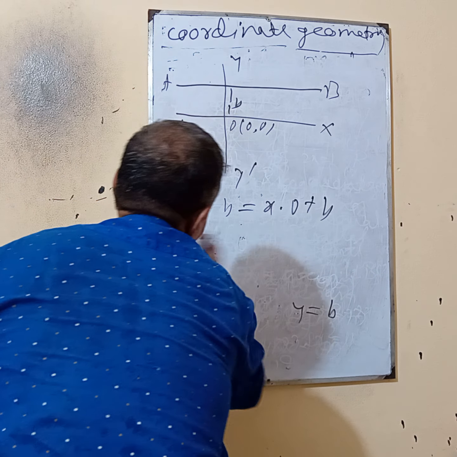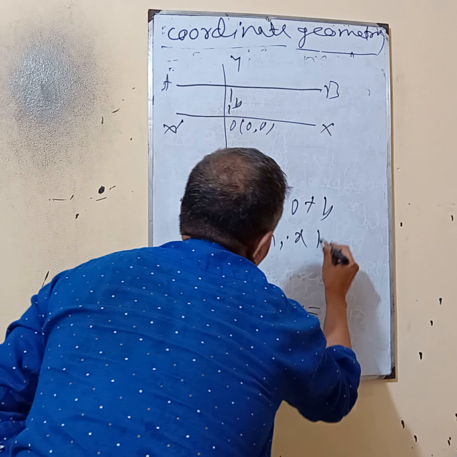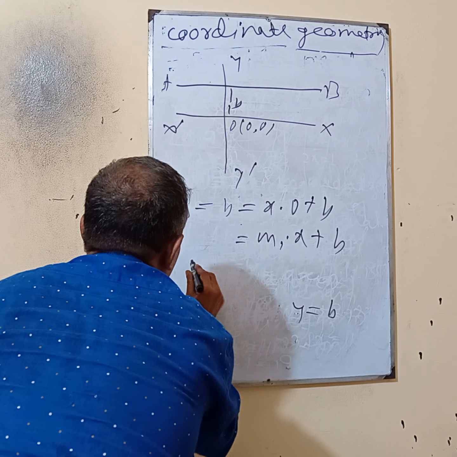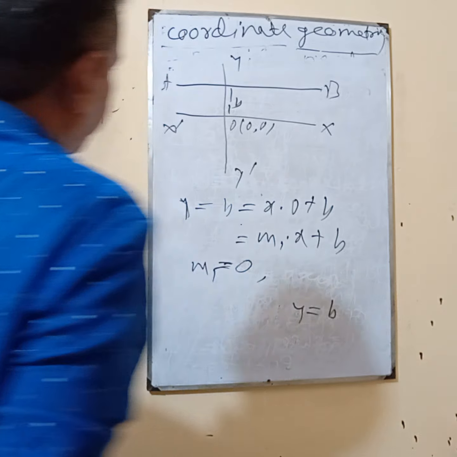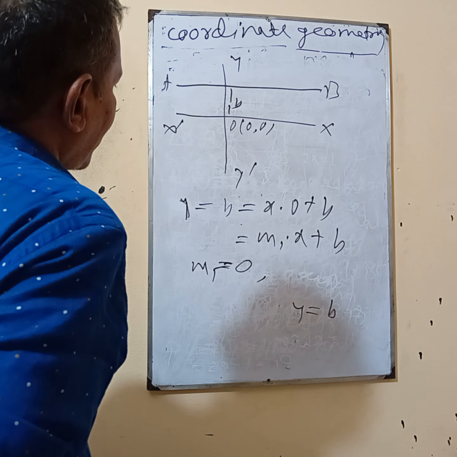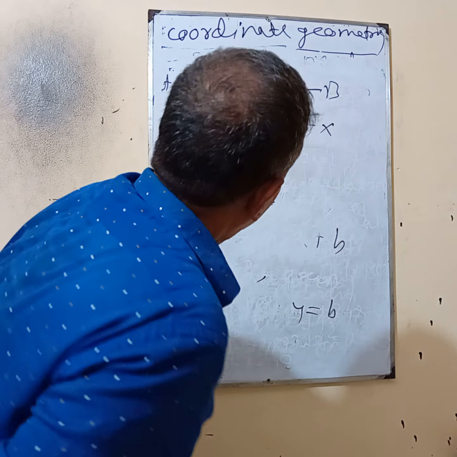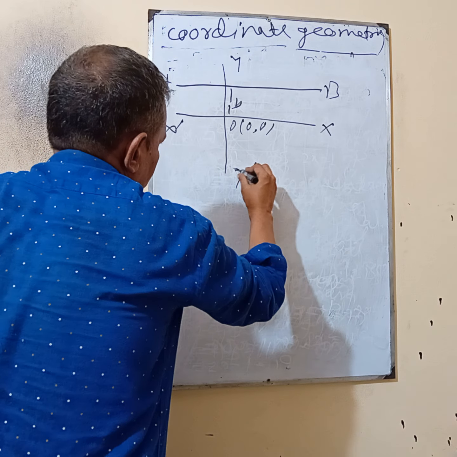Because y is equal to m1 into x plus b, m1 is equal to 0.